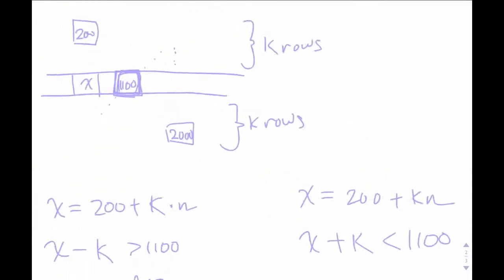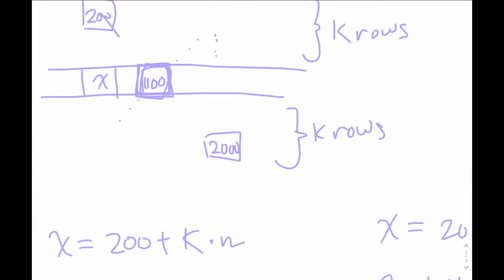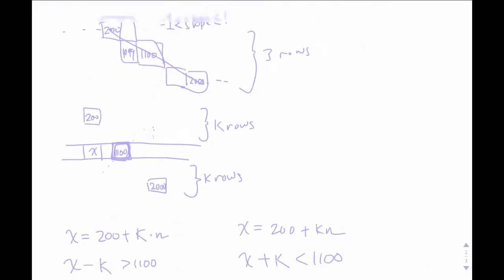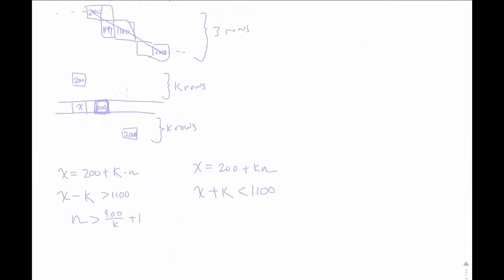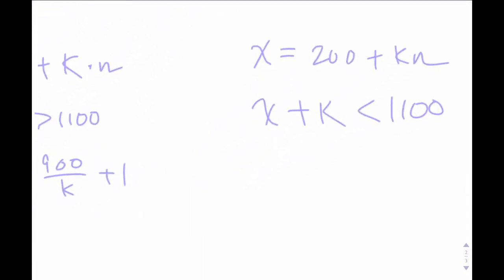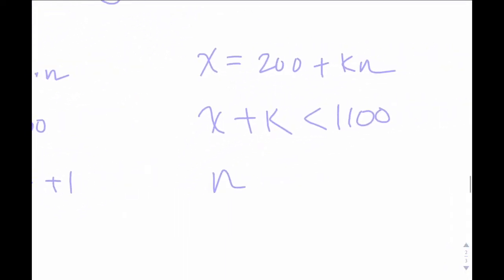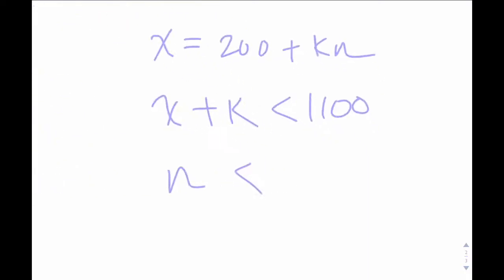Because again, if it's exactly equal, then our slope will be exactly equal to negative 1, which isn't what we want. So we can do the same thing here, and we find that n is less than 900 over k minus 1 when we plug x into here.